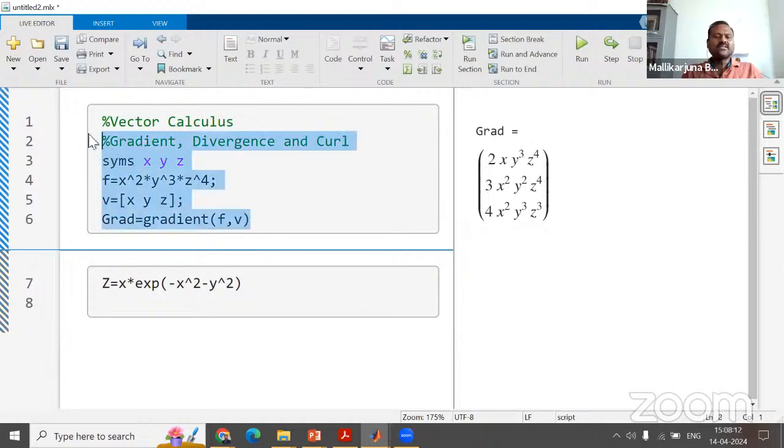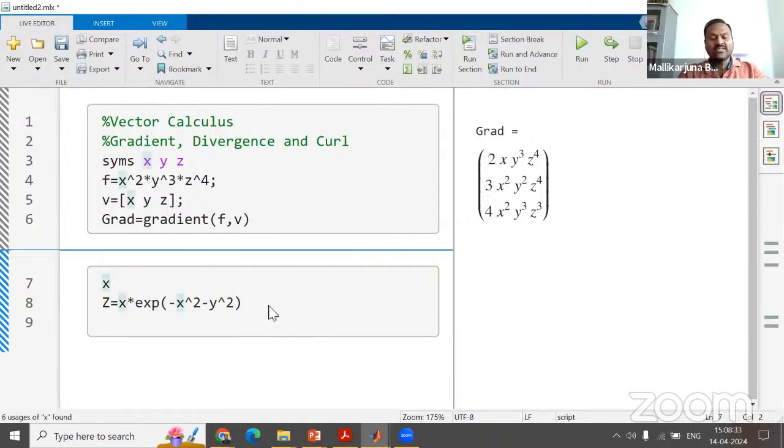If you want to try this with three variables, we need the four dimension. The four dimension visualization is not at all possible in reality. So in reality, only the three-dimensional space. That is why I'm taking like this. X star e power minus x square y square. But here we want what is x value, right? So this is related to two-dimensional.